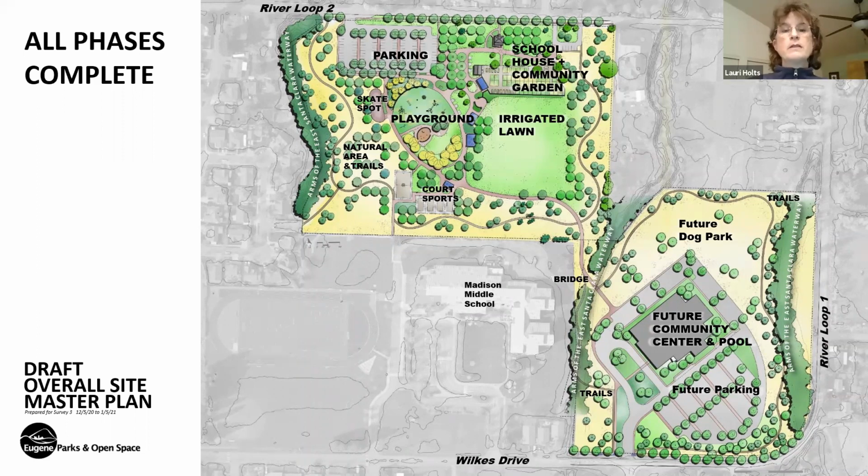We usually try to choose a diverse suite of species that provide multiple values for different species, whether it's birds, pollinators, and so on.